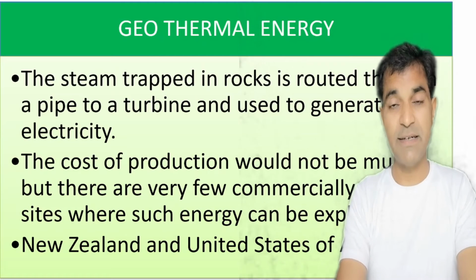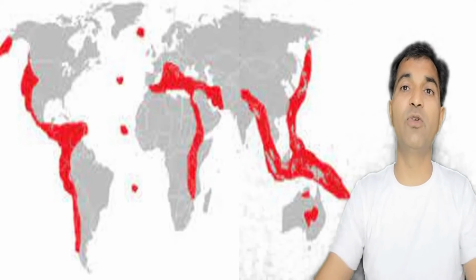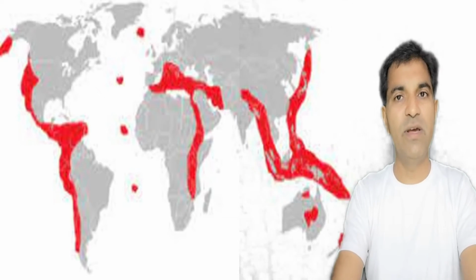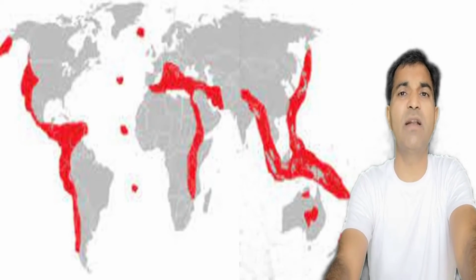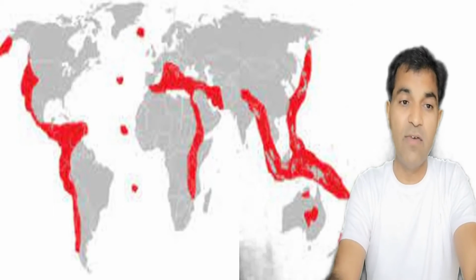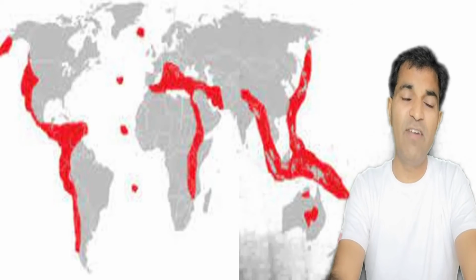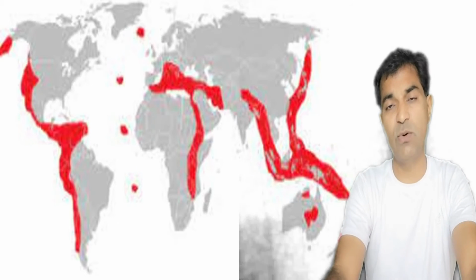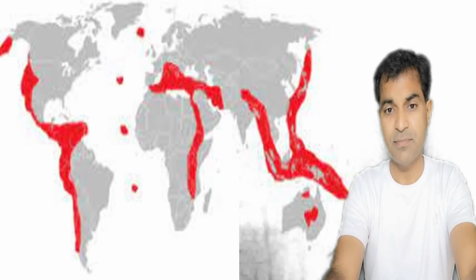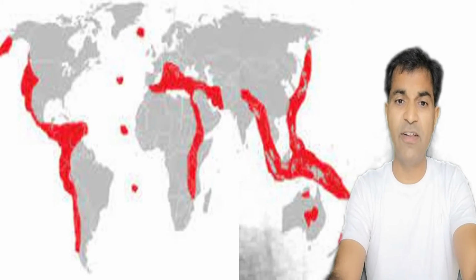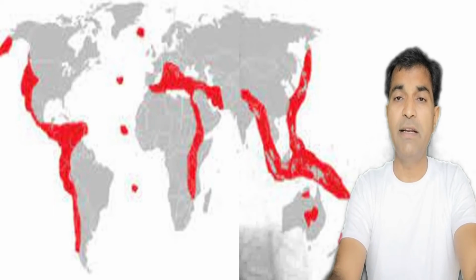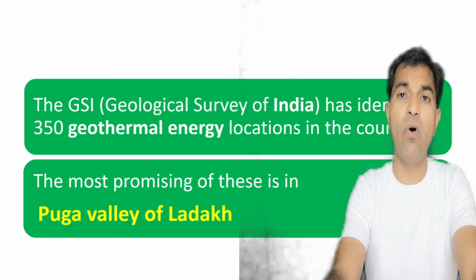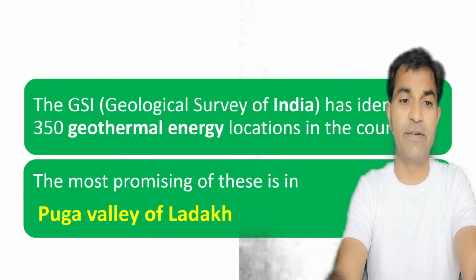However, there are certain places in New Zealand and the United States of America where it is easy to find such hot springs. See, this is the geological map of the whole world. You can find that the western side of North and South America has many sites. Certain sites in Africa and Europe are also there, whereas in India there are only a few points, in the Himalayan range.